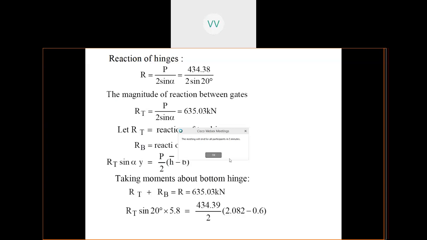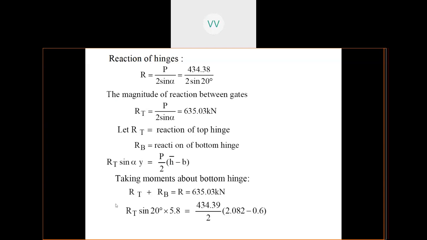Now RT sine 20 degrees into 5.8, the distance between the hinges, will be equal to P by 2, that is 434.39 by 2, into H bar, 2.082 minus 0.6, the hinge distance, that is 60 centimeters. Converted into meters, it is 0.6.